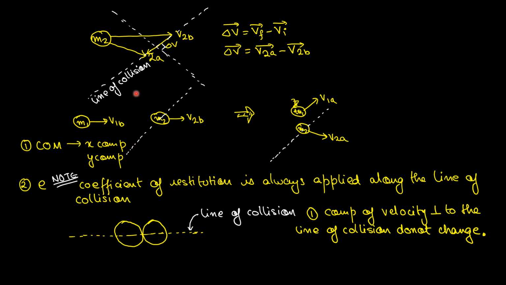Why? Because along this line the change in velocity does not take place. The change in velocity only takes place along the line of collision. Understood? We'll apply this in the next question to give you further details of how we apply it.